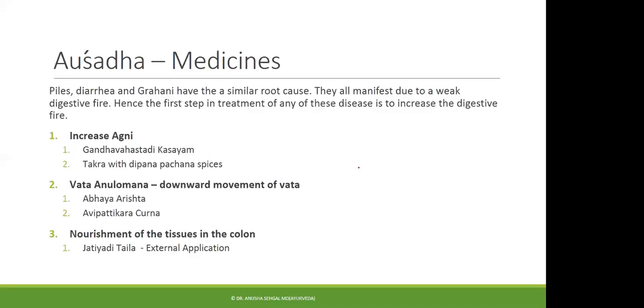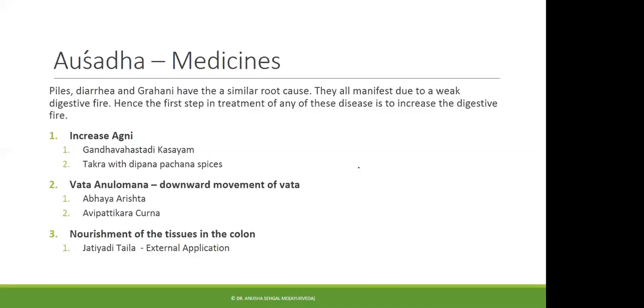Remember when we were talking about this in class, that when you're treating Arśas, you do the same treatment as you would for Grahani, and that just seems so crazy. Why would you do the same treatment for these two conditions that seem so opposite to each other? One is excessive bowel evacuation, and one is no bowel evacuation at all, or very little. Then why would you use the same sort of medicines?